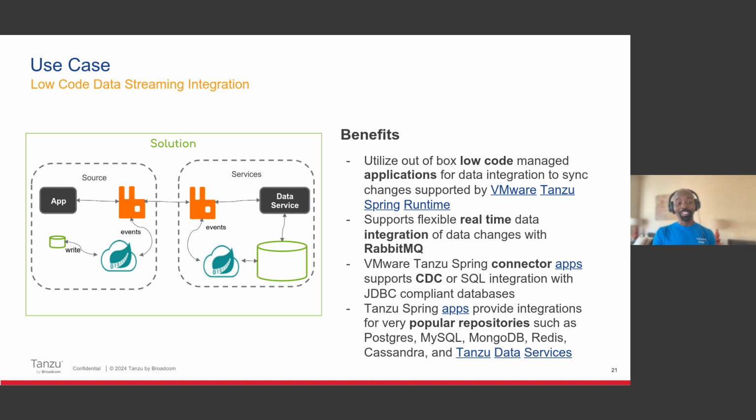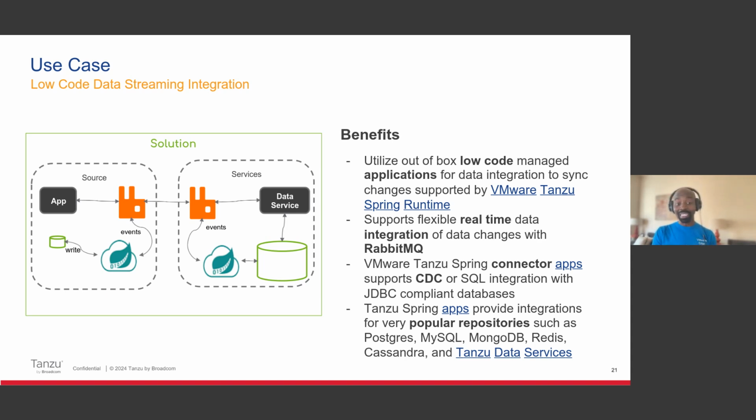Or you could even introduce a custom data processing logic with scripting languages like Groovy and Python and JavaScript. And you can also store the output in popular data services, including our Tanzu data services solutions like Gemfire, Postgres, Greenplum, and MySQL, where the communication between all of these connectors are all using RabbitMQ.